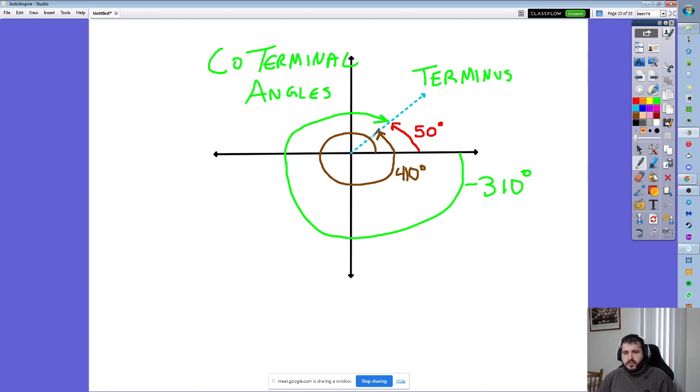No, that's right. Because it's 50. All those are going to be 10s. Had to triple think about it. But if you go through and you subtracted 410 from negative 310, you end up with positive 720. And that's a multiple of 360 apart.